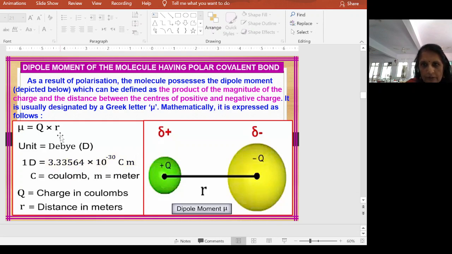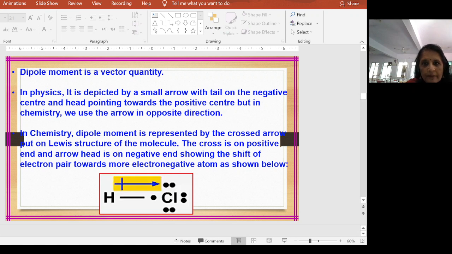We can also say that the dipole moment can be defined as the product of the magnitude of charge into the distance between the centers of positive and negative charge. Now, what do we understand from the dipole moment is that it is a vector quantity. In physics, you will depict it by a small arrow with a tail on the negative center and head pointing towards the positive center.